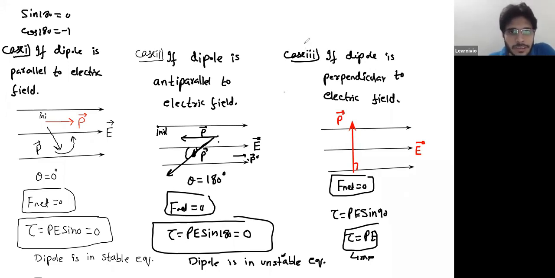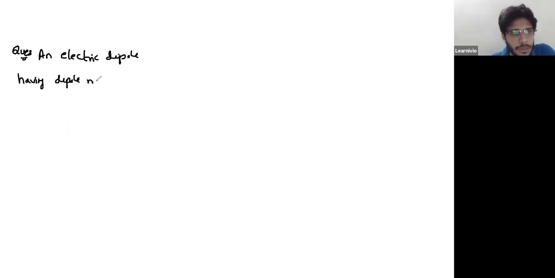Okay, so the next thing is an electric dipole having dipole moment 2 coulomb meter is placed in a uniform magnetic field.